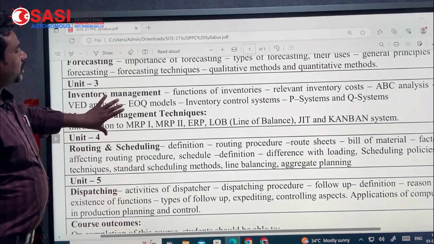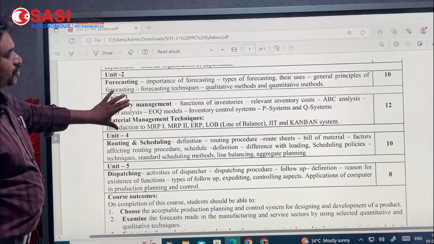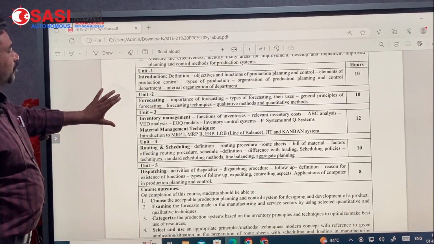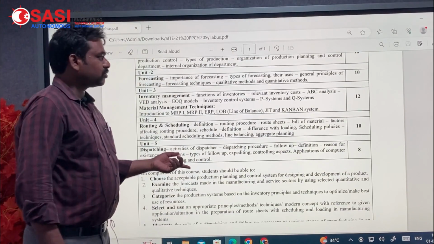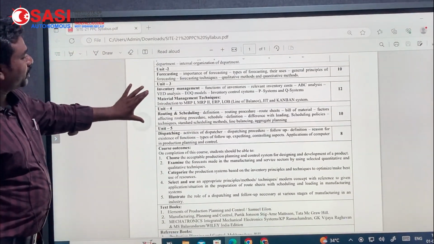We can see that in every instance we use computers nowadays. So how computers are generally used in production planning and control, we are going to see. With these 5 units we are going to complete our syllabus.